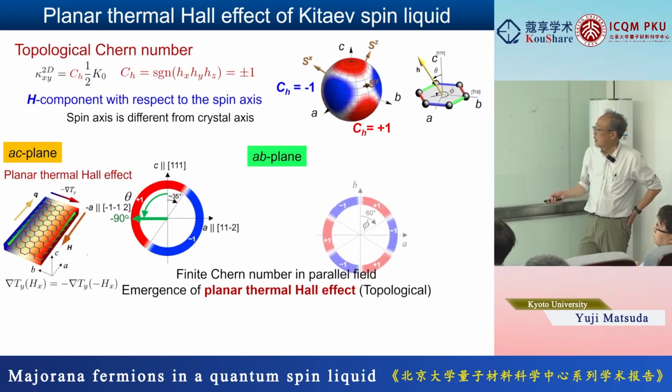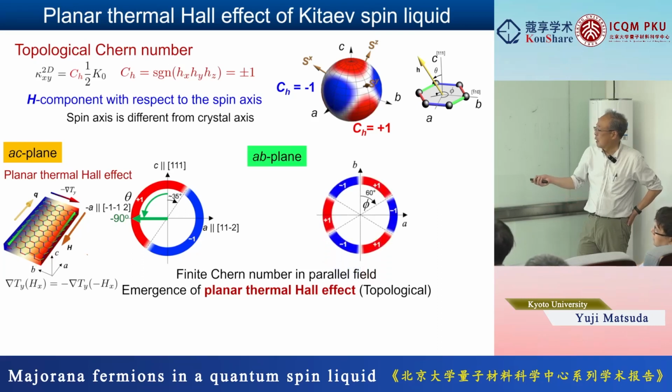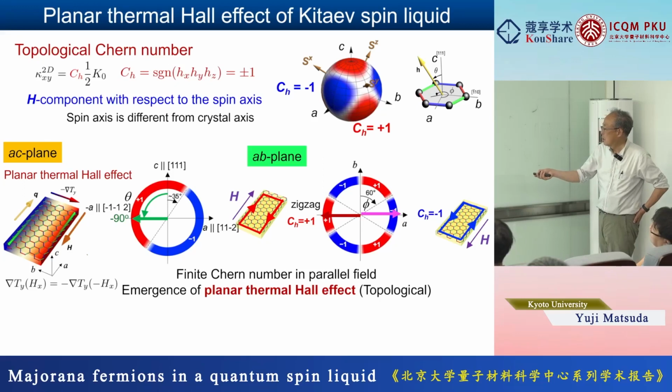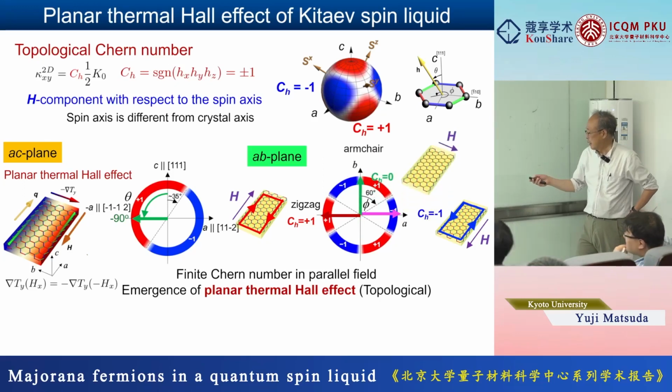Okay, here is the magnetic field and Chern number in the ab plane. If you have the magnetic field applied along the minus a axis, the Chern number is plus, and the thermal Hall signal is plus, and on the other axis, the Chern number is minus. And here, if I have a magnetic field along the b-axis direction, the Chern number is 0. So we cannot expect any thermal Hall signal.